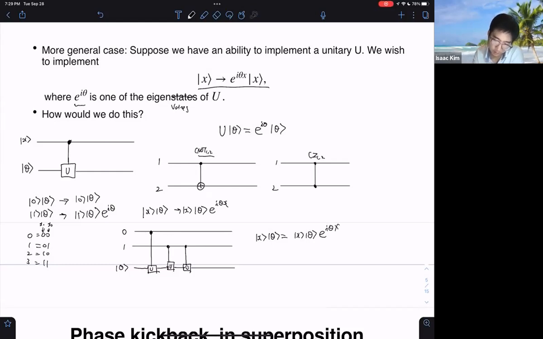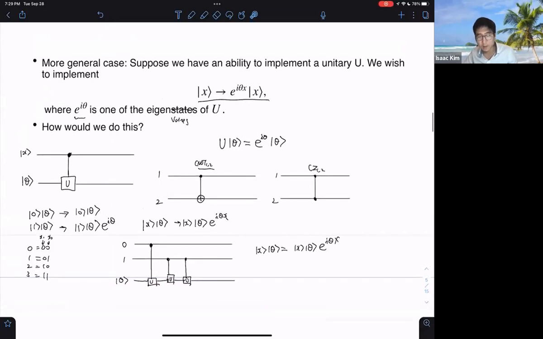The point is, if this register is in the 1 state, then you apply this U twice, so you accumulate the phase twice. So you sum over all the contributions, and you get this global phase, which is proportional to x. And of course, generalization of this to, let's say, k bits is also very straightforward.